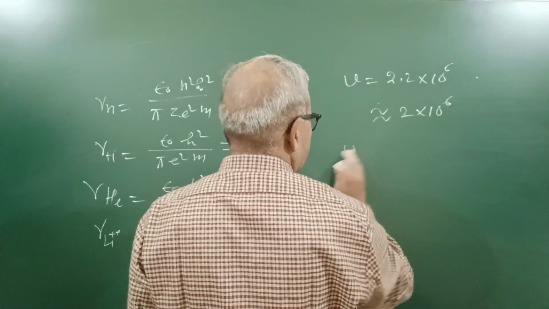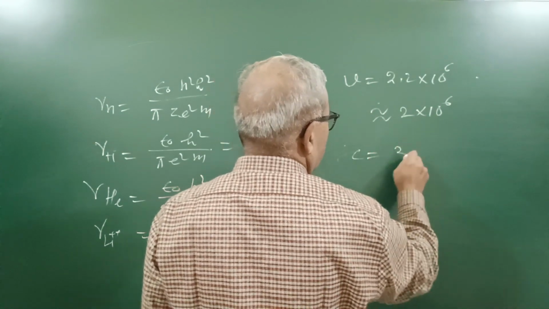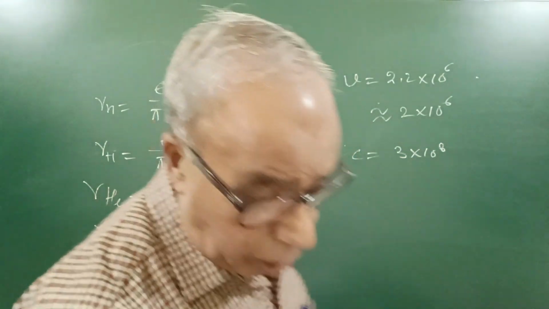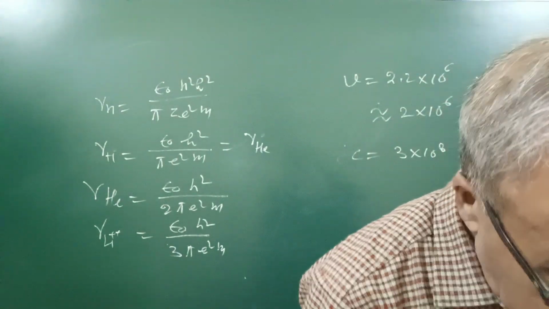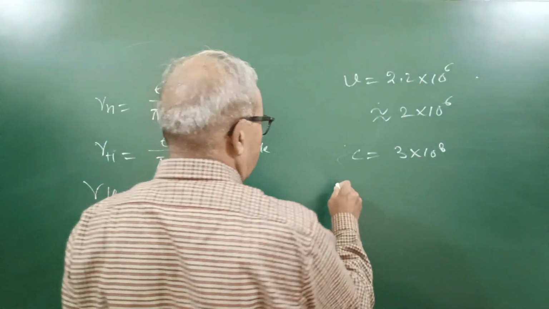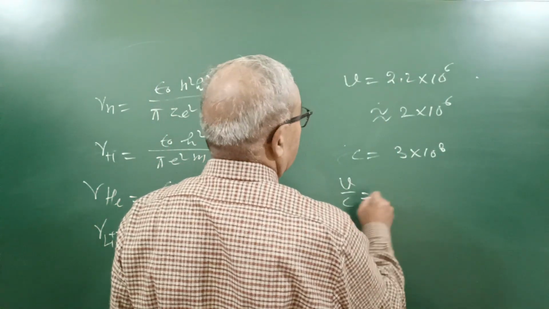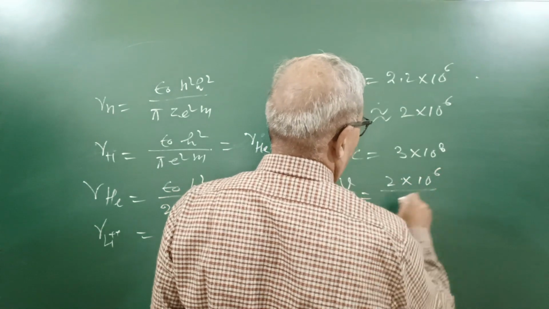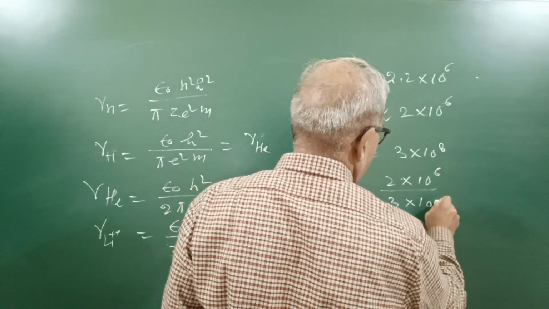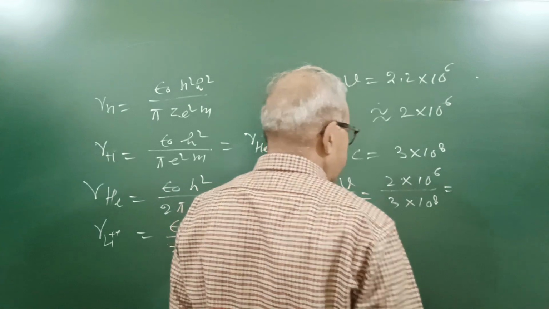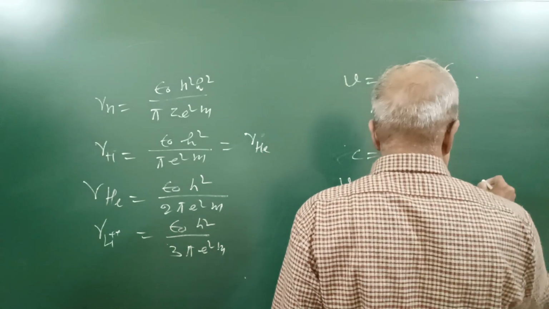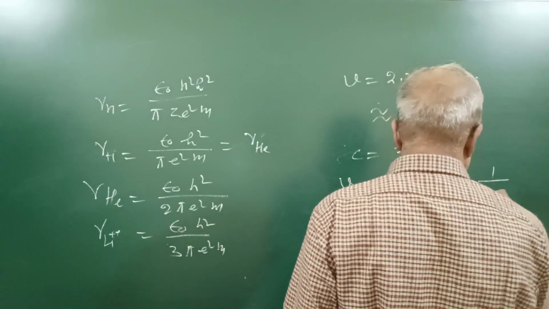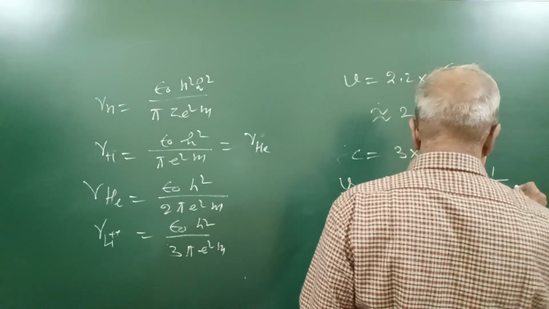Speed of light c in vacuum 3 into 10 to the power 8. So you are asked ratio किसका? Speed of electron v upon c, 2 into 10 to the power 6 upon 3 into 10 to the power 8. So it is 1 upon 3 by 2, 1.5 into 10 to the power 2.